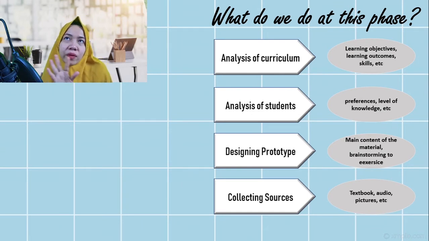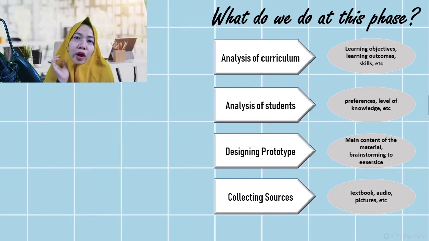If at the end of the meeting your students are asked to be able to, for example, introduce themselves in front of the class, then you have to develop your materials based on those objectives. How do you design your material based on those objectives? Your activity should connect to or represent the learning objectives of the curriculum itself. So first, please analyze the curriculum.